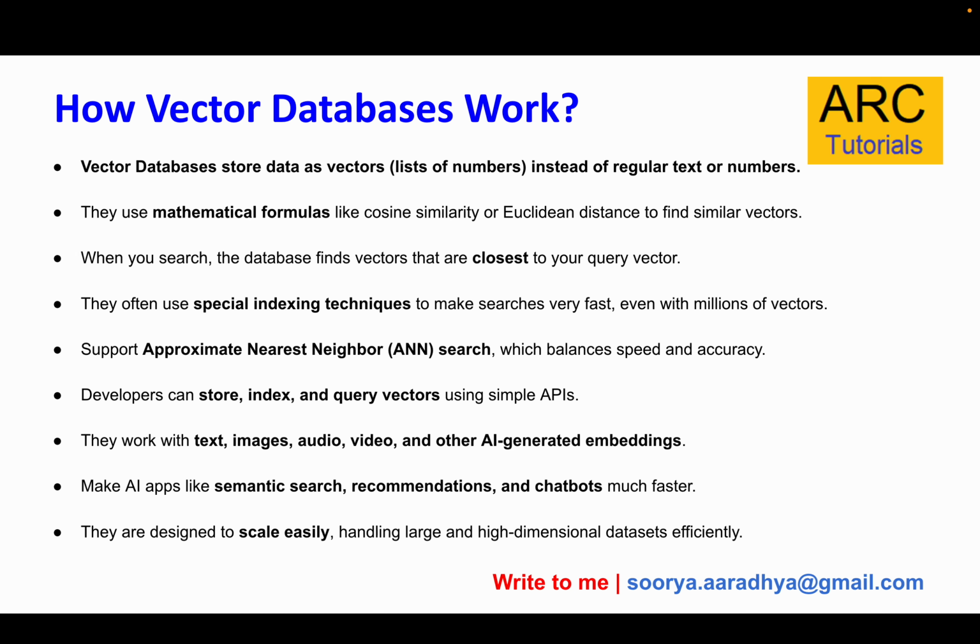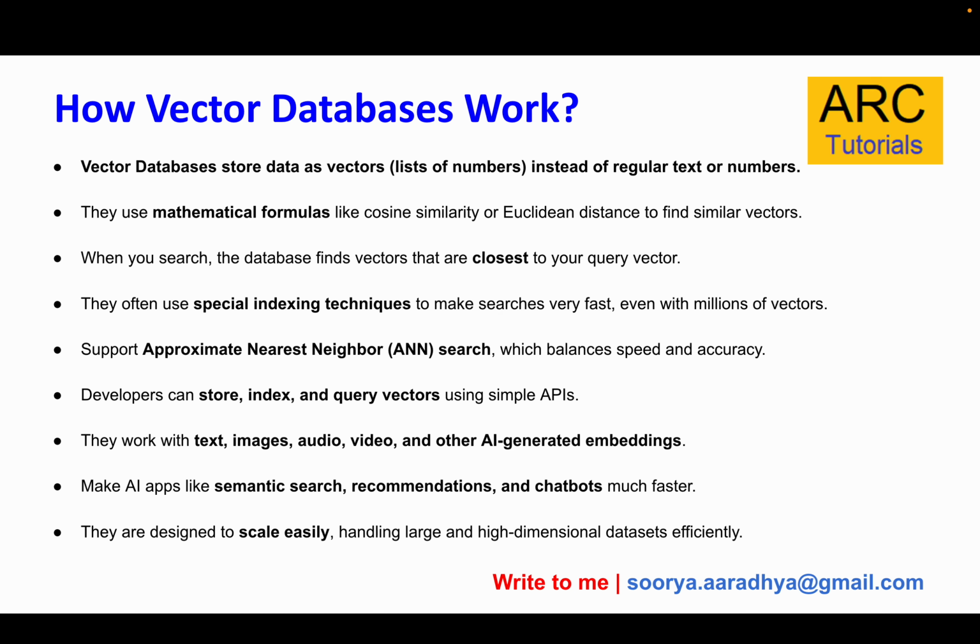Now, how do vector databases work? Vector databases store data as vectors, which is a list of numbers instead of regular text or numbers. Then on top of it, they use mathematical formulas like cosine similarity or Euclidean distance to find similar vectors. When you search, the database finds vectors that are closest to your query vector. They often use special indexing techniques to make search fast, even with millions of vectors.